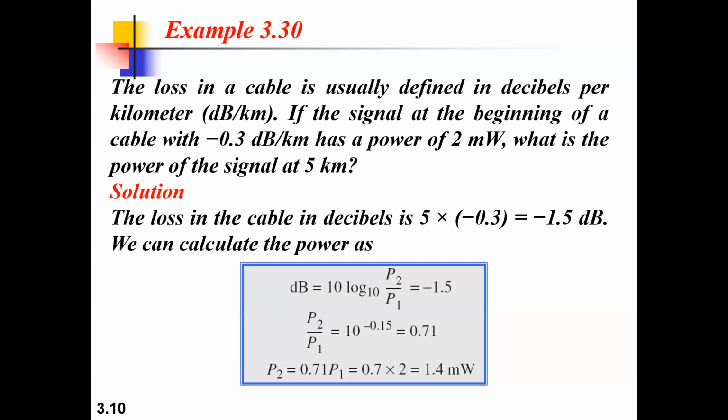So then, taking the base form, 10 to the power negative 0.15, and this is equivalent to 0.71. And then P2 is equal to 0.71 P1, which is the same as, because P1, the initial value, is already 2 milliwatts. That is why we multiply by 2 milliwatts.